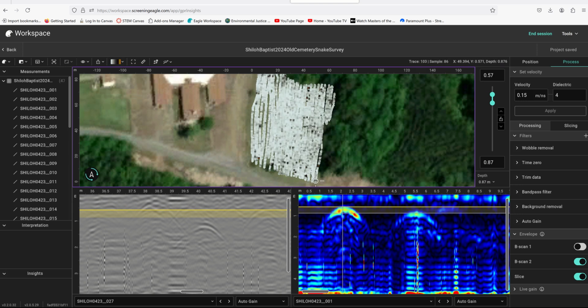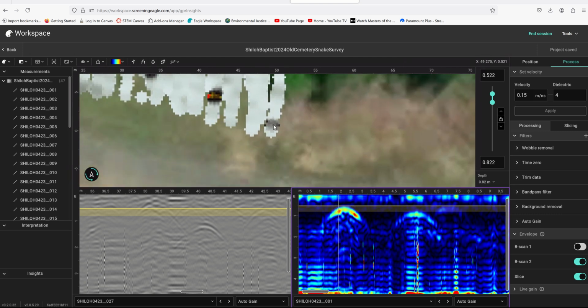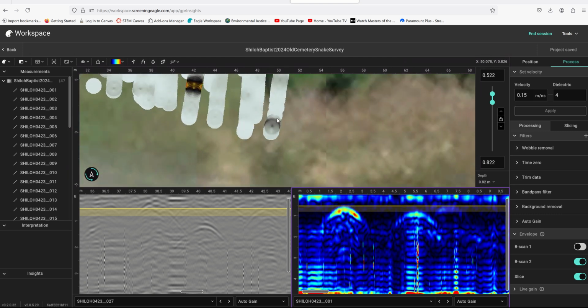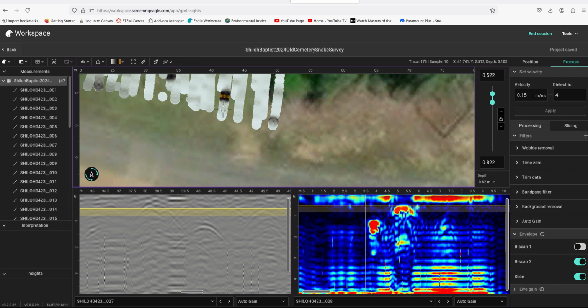This is one of the first ones we did, so it's located down here. And we can zoom in to see what that individual guy looks like here. So here's another good one over here. I can click up here, and it will bring me to that particular target. So you can see we've got a really strong target on number 8. I can switch over here, and we'll go to number 8 again.